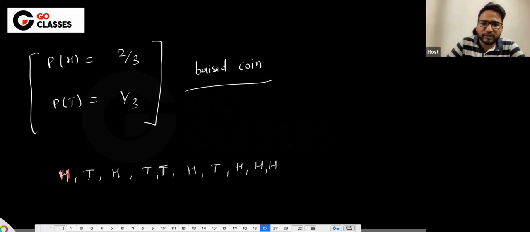If you have this kind of distribution, this is called sampling the data, which means you are actually running the experiment and collecting the data. The underlying distribution is this, and then you collect the data. Tell me, is this a justifiable data? Can you get this data? Tell me how many heads you have got here. 1, 2, 3, 4, 5, 6. 6 heads out of 1, 2, 3, 4, 5, 6, 7, 8, 9, 10.